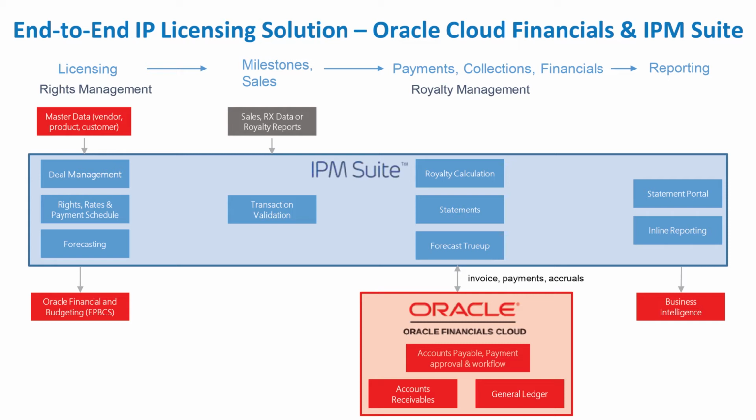That information, that unique sales information, can be ingested into the application and go through a data cleanup, data processing, and ultimately a transaction validation. What I mean by that is we're going to compare what was defined on our deals within our rights, rates, and payment information and see if that matches the sales information that has come in. And if it does, we'll get a one-to-one result saying, yes, this does match.